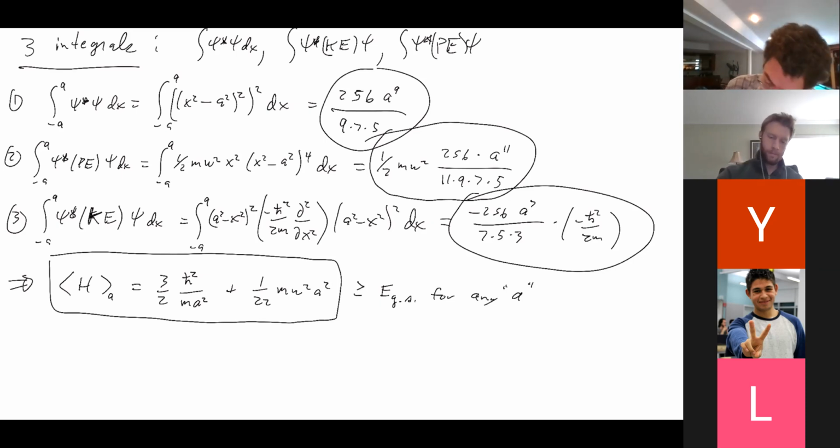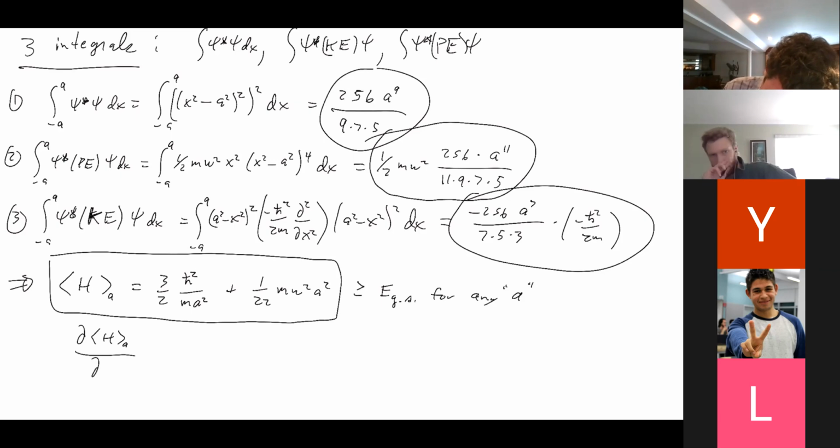What the smart person noticed is that to make the problem a little easier, we can minimize with respect to a squared. It's the same thing. If I minimize with respect to a squared, it's also going to give me the same answer because of the nature of that function. So just a little mathematical convenience.